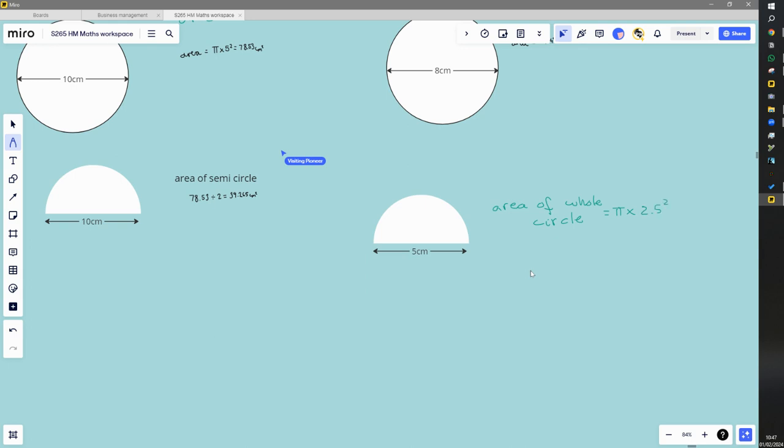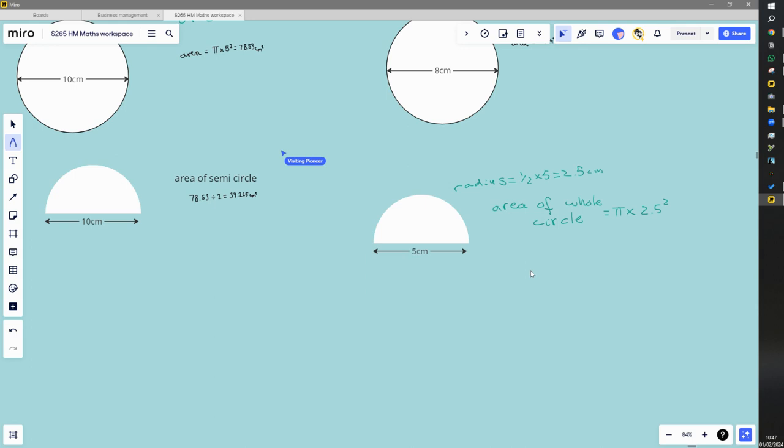So the radius is 2.5, so it's pi times 2.5 squared. And don't forget to square the radius. So we've got to half it and we've got to square it. If it helps, do that bit in halves. So the radius is going to be half of 5, which is 2.5, and now we have the radius in centimeters.